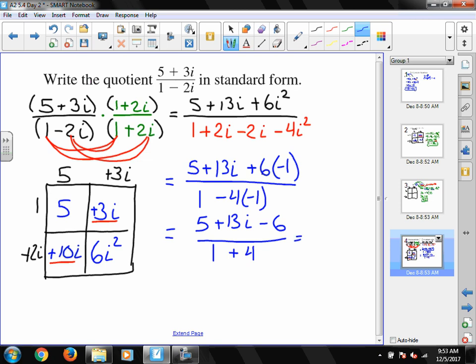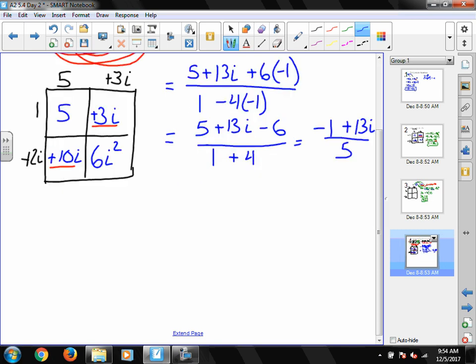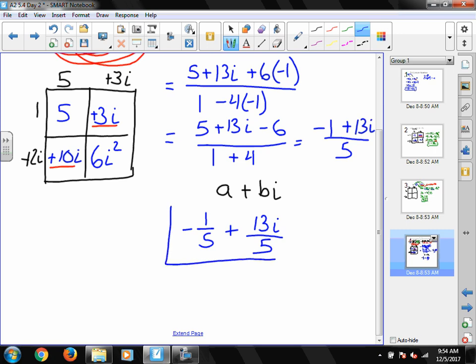So I get 5 minus 6, which is going to give me negative 1 plus 13i over 5. And because we have to write in standard form, a plus bi, I need to split this fraction into two separate fractions. To do that, all I do is keep the numerators the same and put the denominator under each of them. So what we're going to end up with is negative 1/5 plus 13i divided by 5, and there is the answer we're looking for.